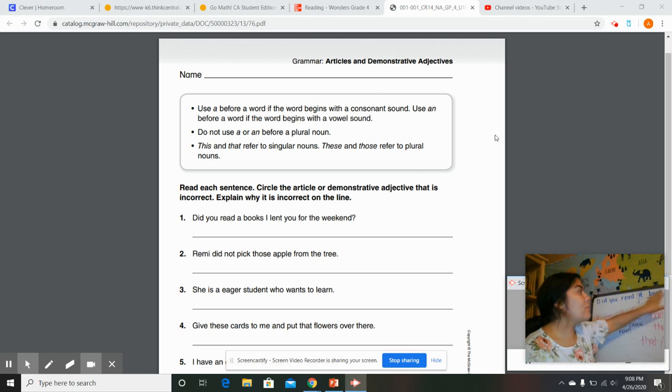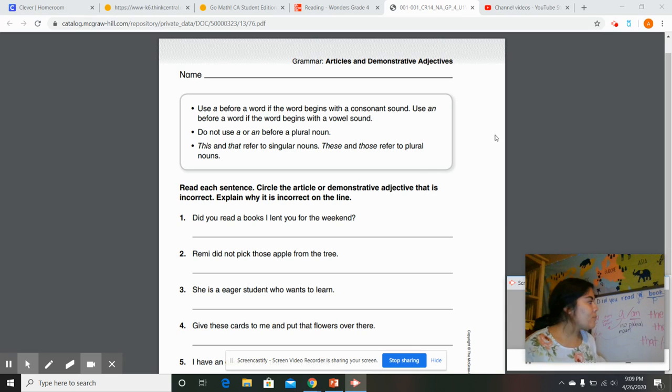Did you read the books I lent you? Or you can say, did you read those books I lent you? Right? So the can fit pretty much anywhere. It can work in a lot of ways. So I'll let you decide whether you want to write those or the in there. Did you read those books I lent you for the weekend? Did you read the books I lent you for the weekend?